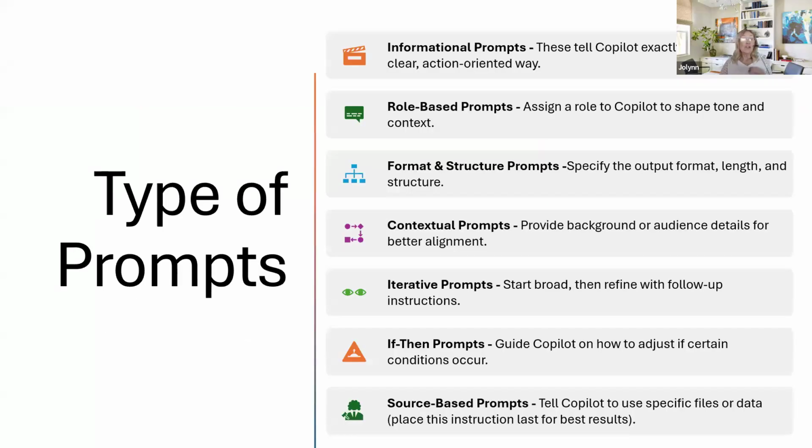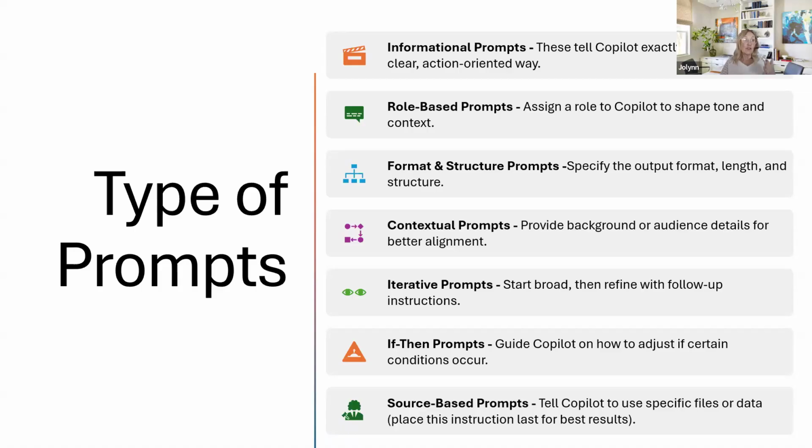Okay, now there are, of course, different types of prompts that can be used. There's informal, there's role-based types of prompts, there's format and structure type prompts, contextual, iterative, if-then, and even source-based. Mix and match these to get the best result for whatever your scenario is of what you're chatting with the system about.